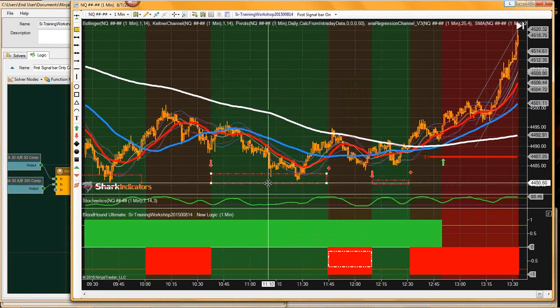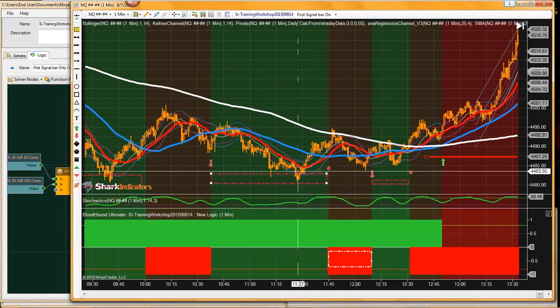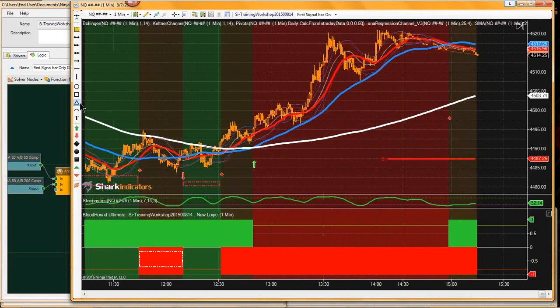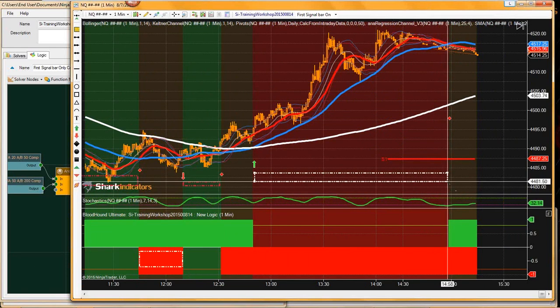These rectangles are identifying where the original trace signal is, and I should put one here for these longs as well.